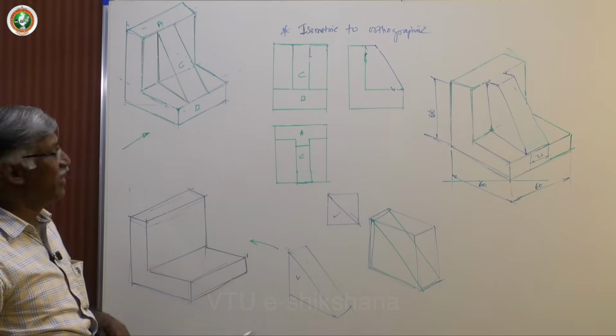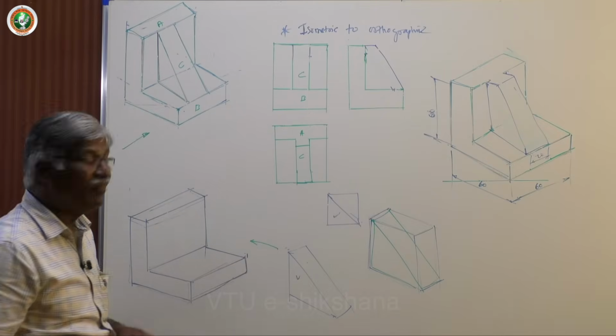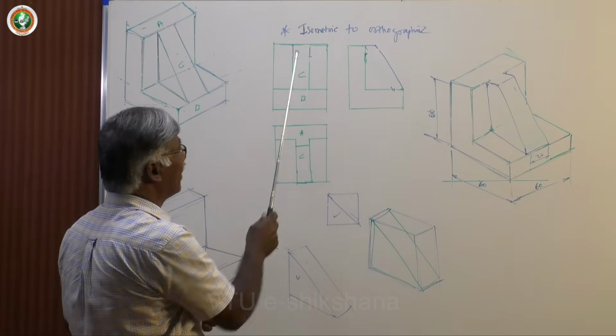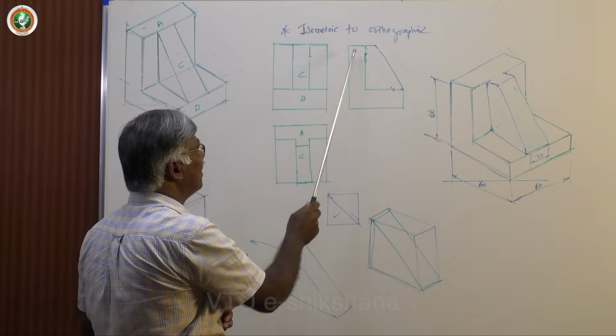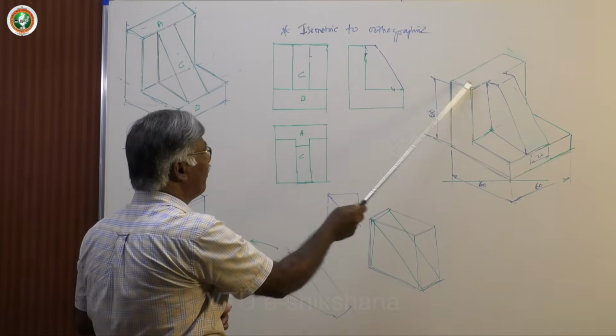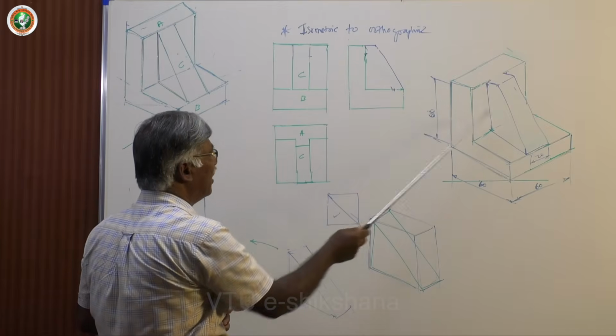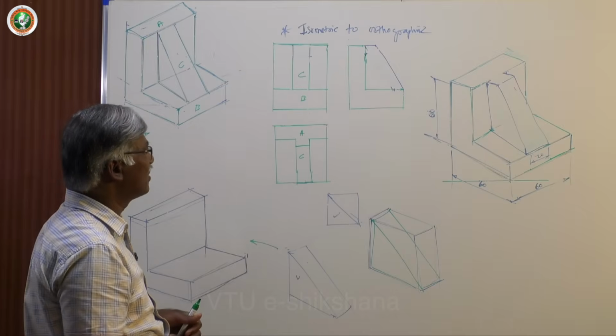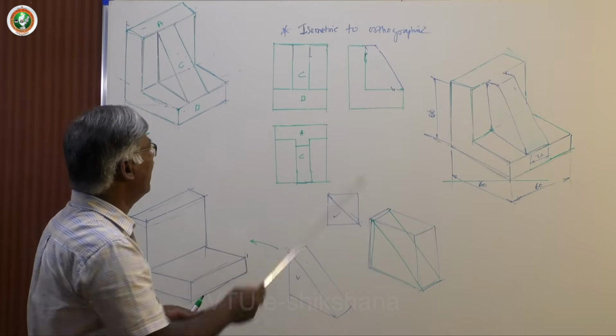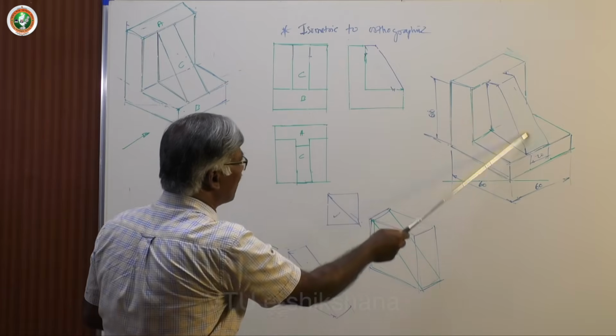So let me review whether whatever we have drawn is correct. This special wedge continued up to 10 mm extra, then it will reach the front edge, the top edge of the base reference, and then the front view is this, completing the surface.